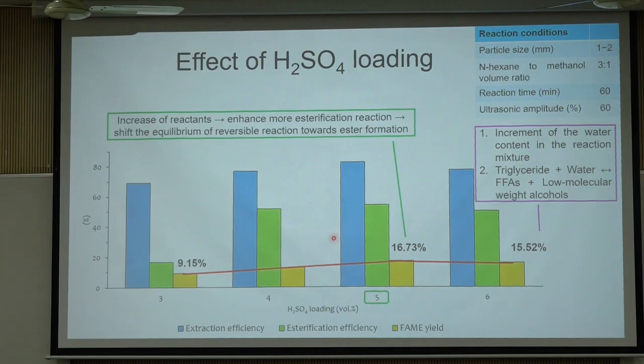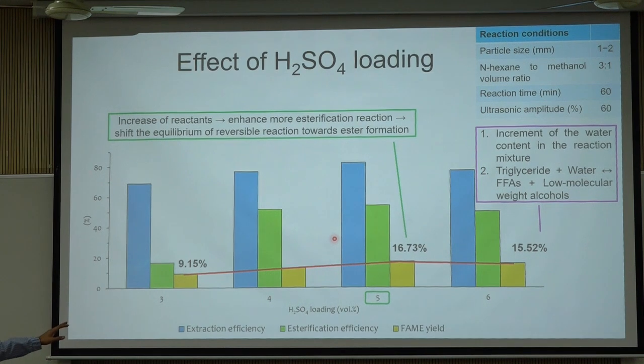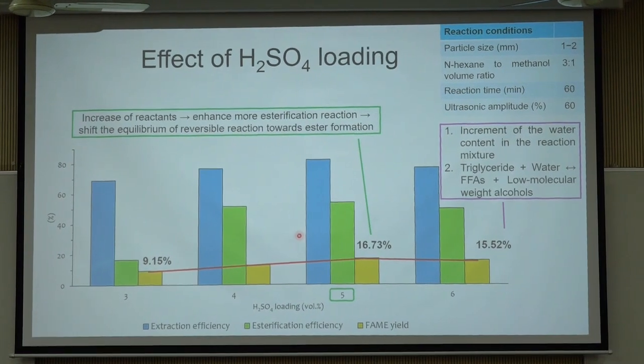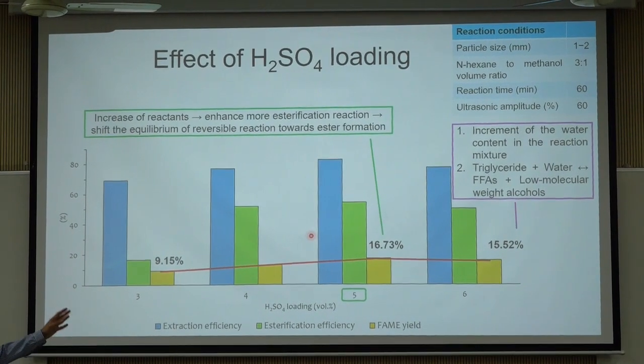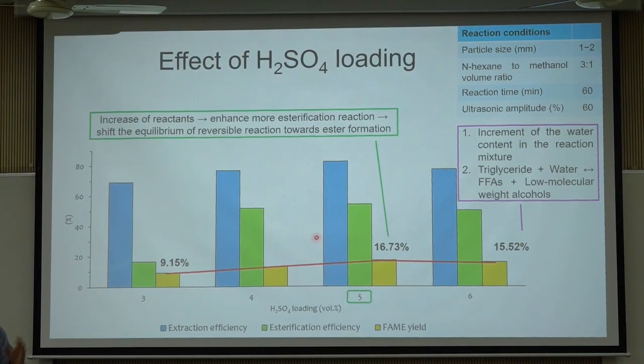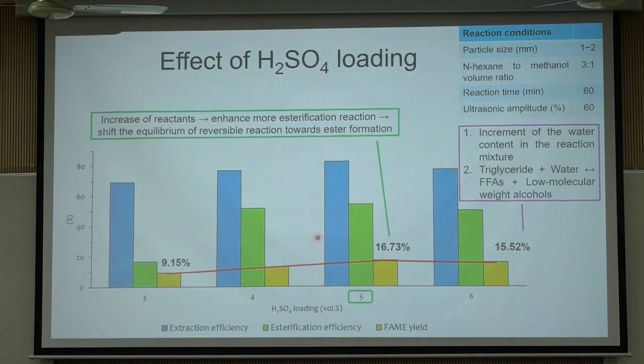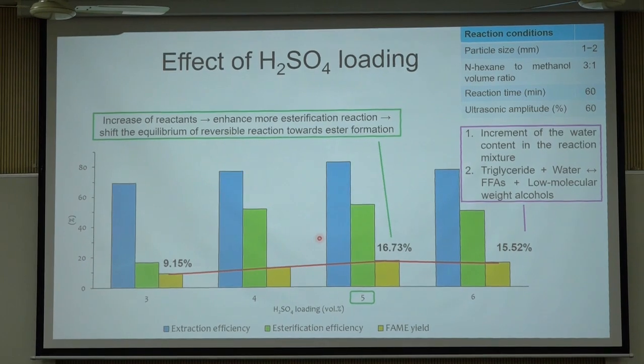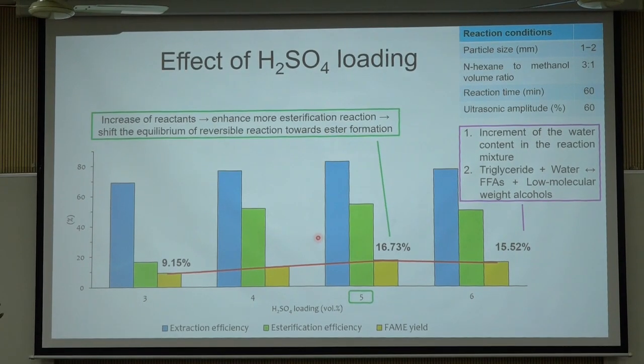Then second, we can use different sulfuric acid loadings. We use the sulfuric acid as the what? As our catalyst. So with the other parameters, with the particle size, we fix as 1 to 2 because we know that 1 to 2 is the optimum for this case.